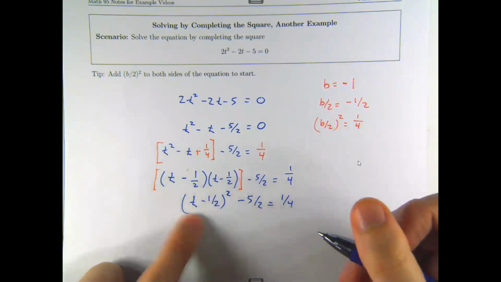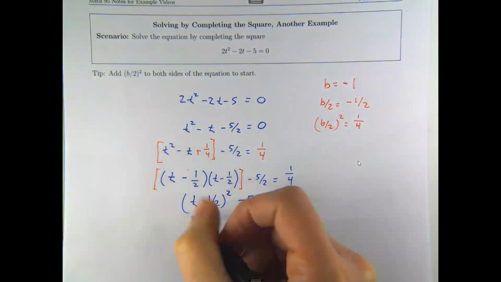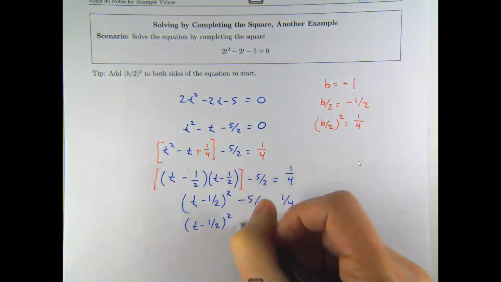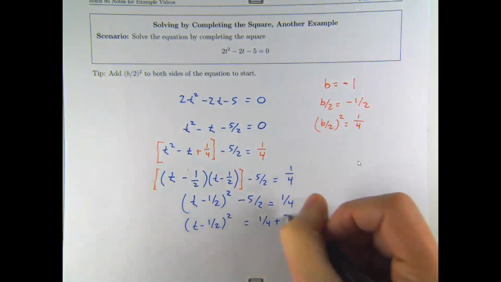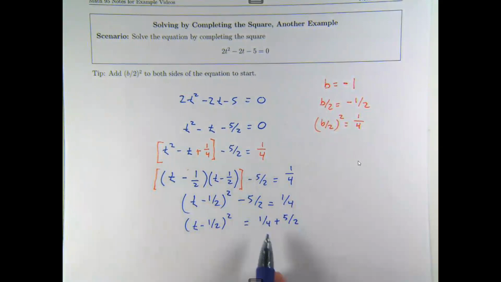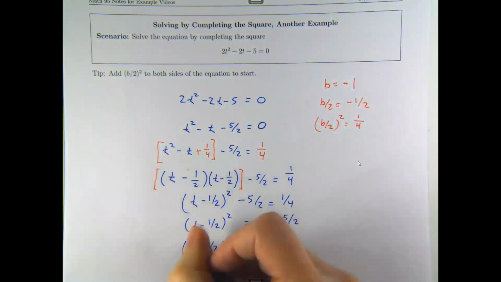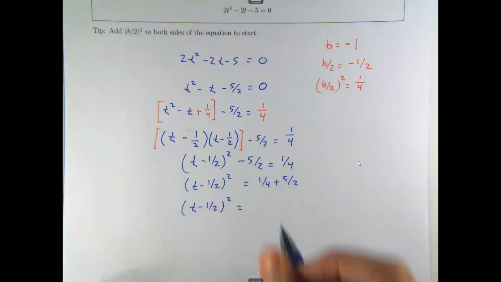I'm going to try to get this square on its own, so I'm going to add this 5 over 2 to the other side. In order to combine these, they need a common denominator. So that common denominator is going to be 4.